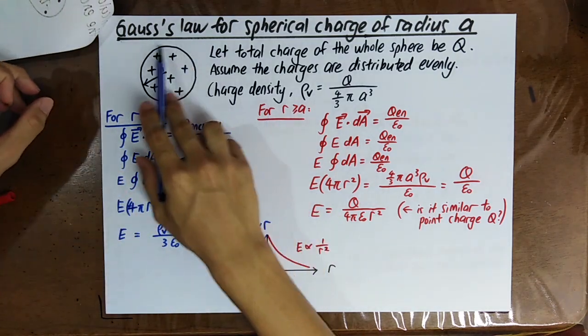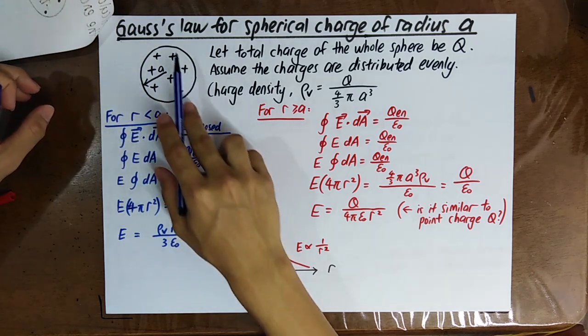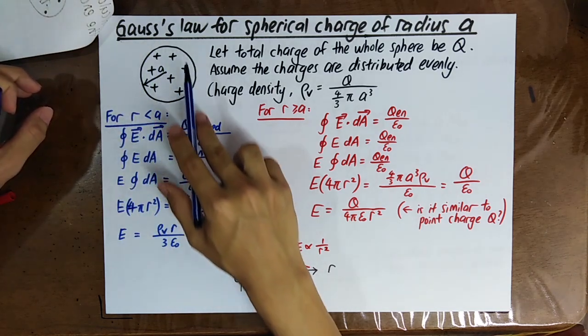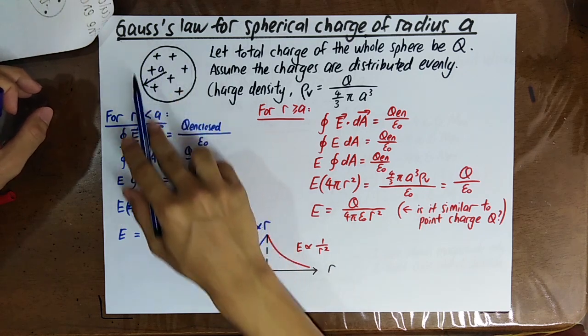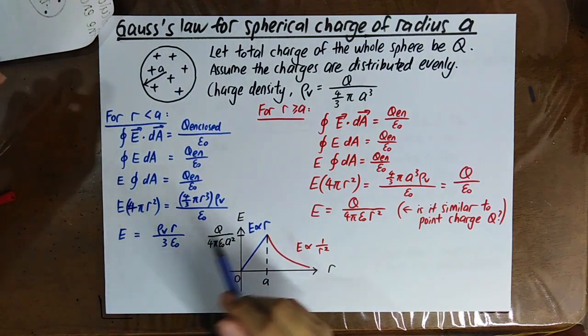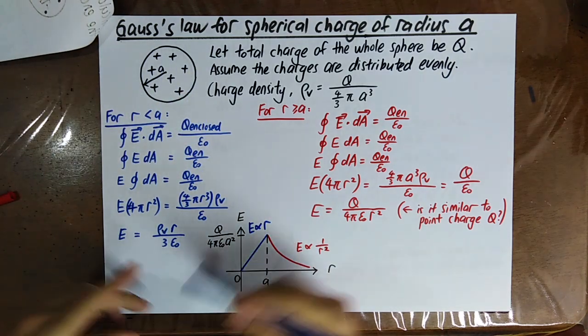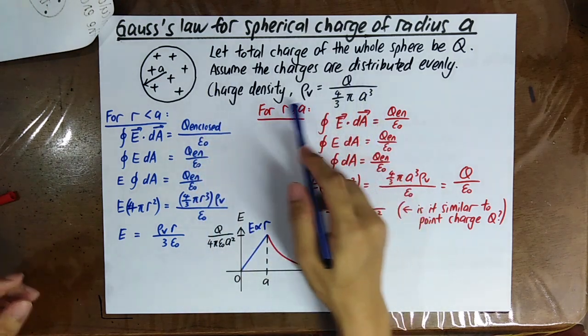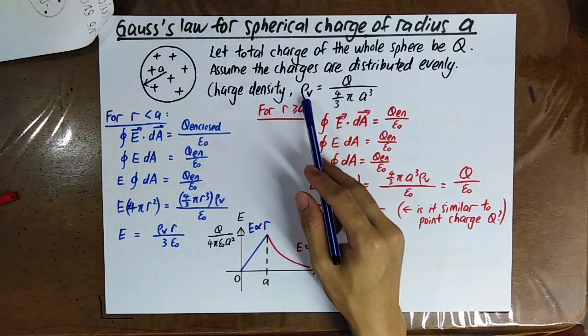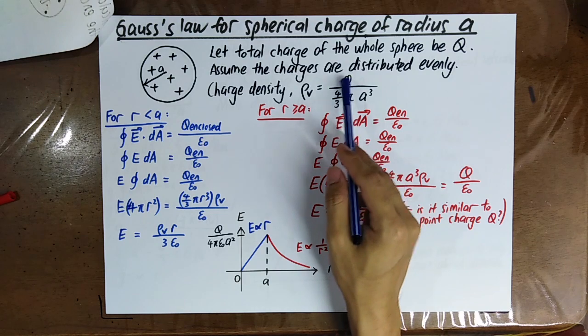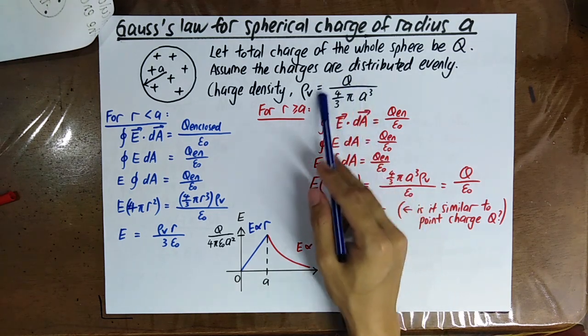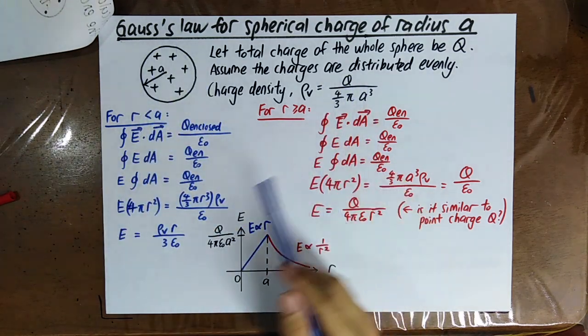So when I know that this is a spherical volume which is distributed uniformly with charges, I know this is an insulator. Okay, so now I give you a new variable which is the charge density. Charge density equals the total charge divided by the total volume of the spherical volume.